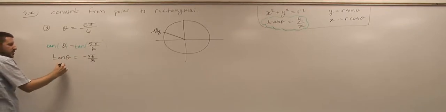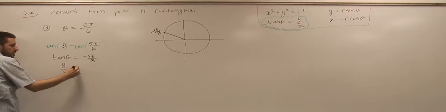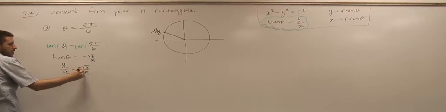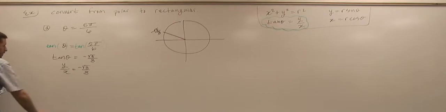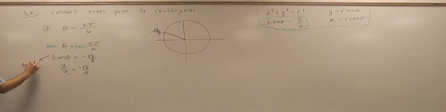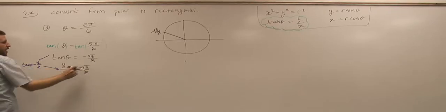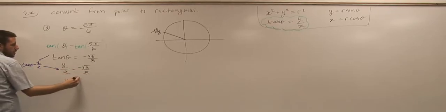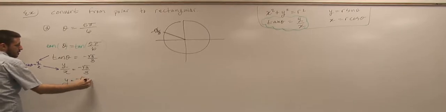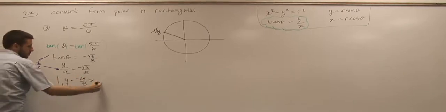But you do know that tangent is y over x. So you can substitute. Tan theta equals y over x. So you put that in place of tan theta. And then if you multiply up your x, here's your equation.